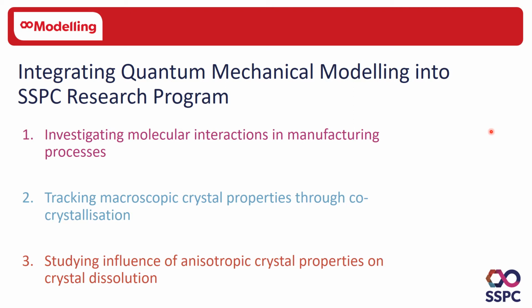So firstly, we're going to look at investigating molecular interactions in manufacturing processes, so how we can study all the different molecules in any kind of batch process where you have lots of different ingredients, and we'll talk about the specifics in a while, how we can study very simple interactions in order to determine what happens in those large-scale processes. Following on from that, I'm going to talk to you about tracking properties through co-crystallization, so studying the properties of just an API crystal and then seeing how those properties change when they're crystallized with other molecules and how that affects their properties.